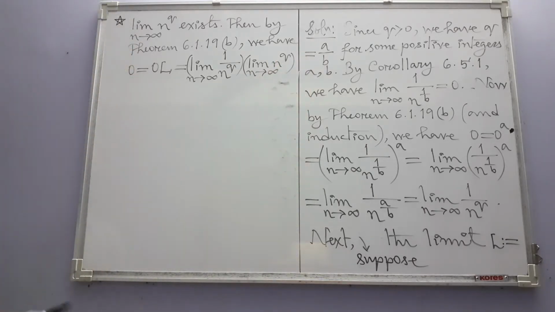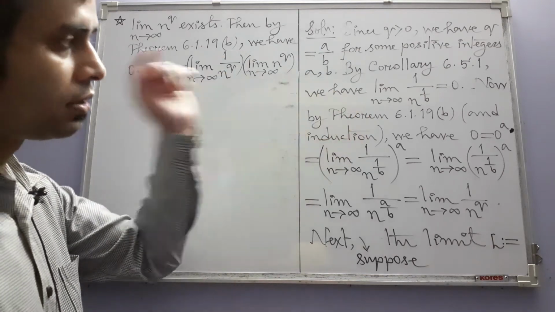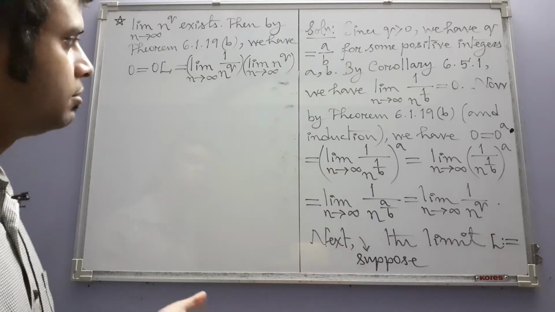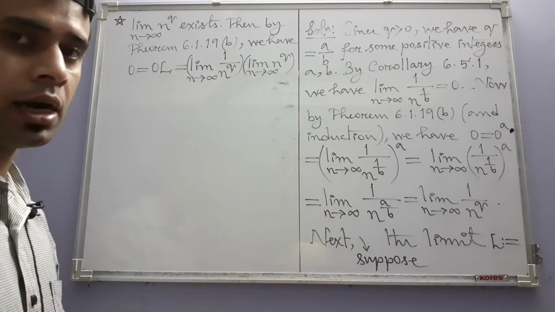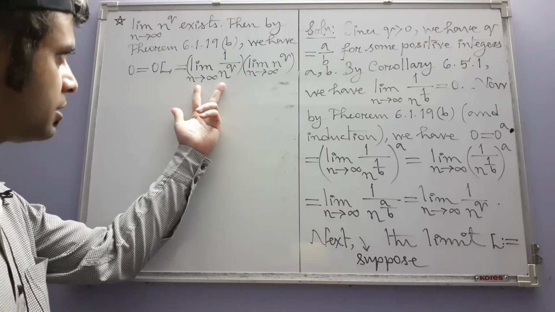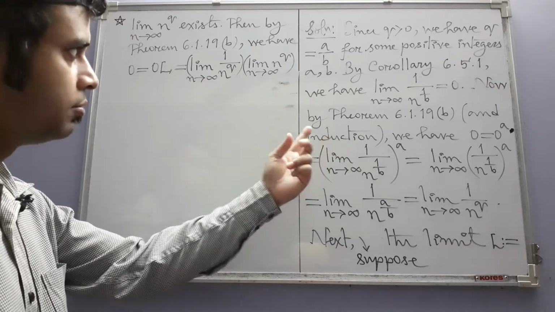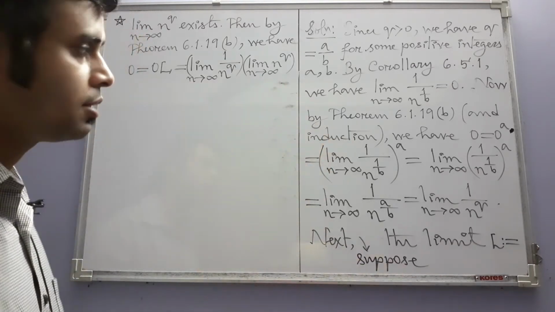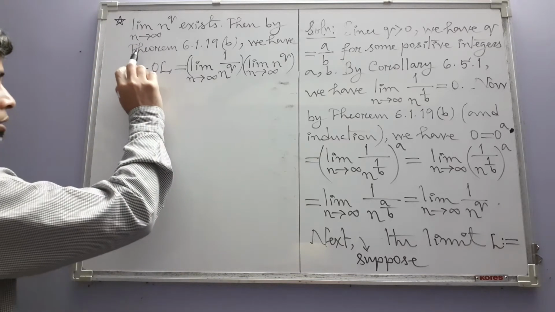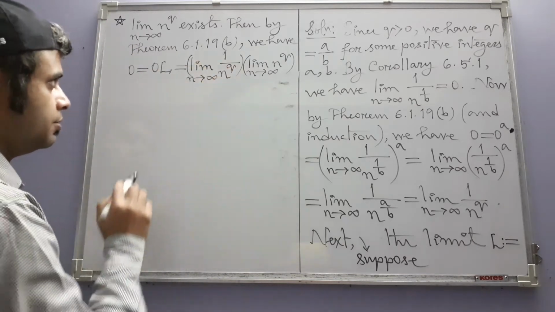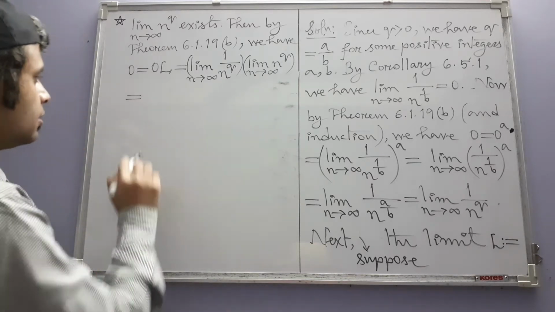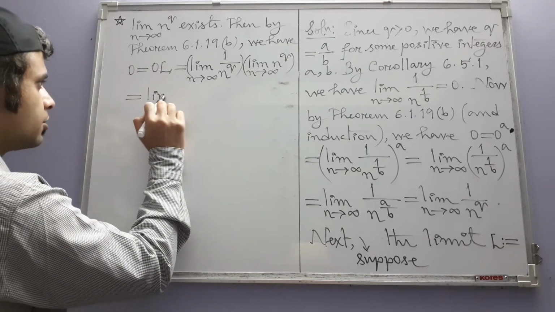Now the fact that both the sequences, this 1 over n to the power q and n to the power q are convergent. The convergence of the first one we have just now proved, and the convergence of the second one is our supposition. So because of that, we are in a position to use this part B and write the product of these two limits equal to the limit of their product.